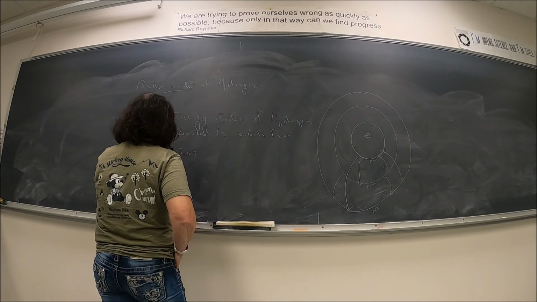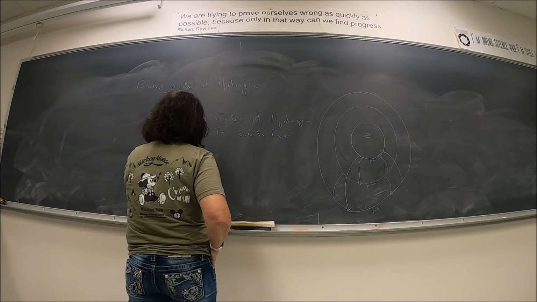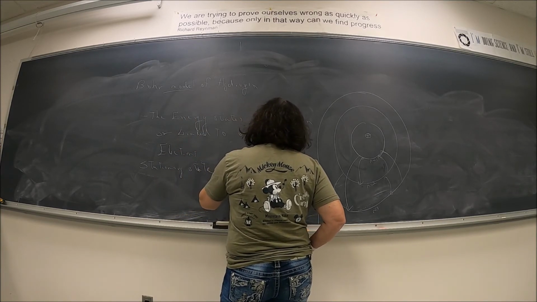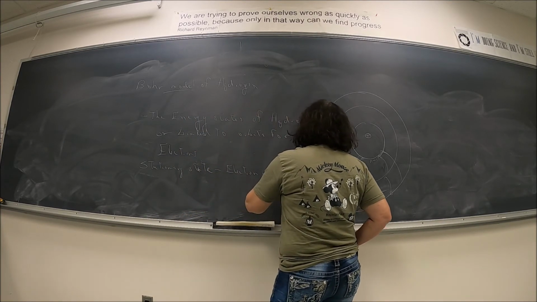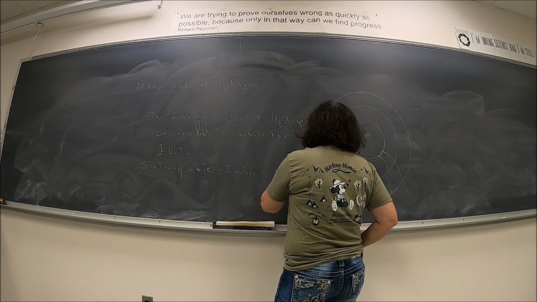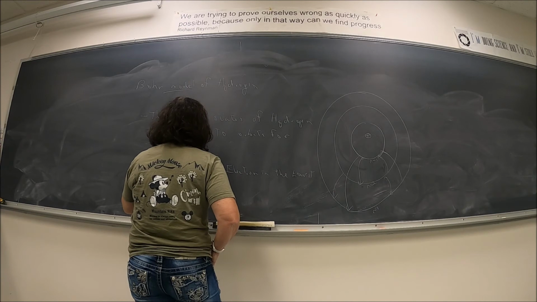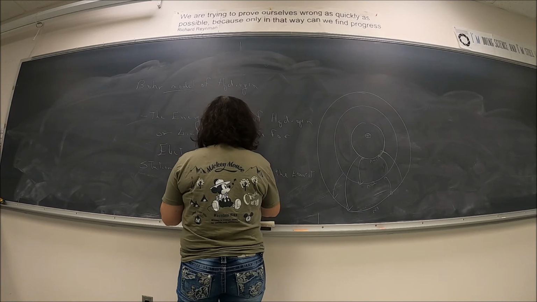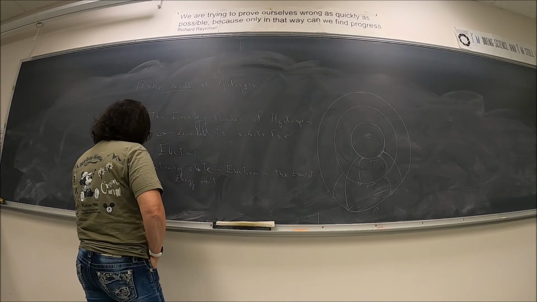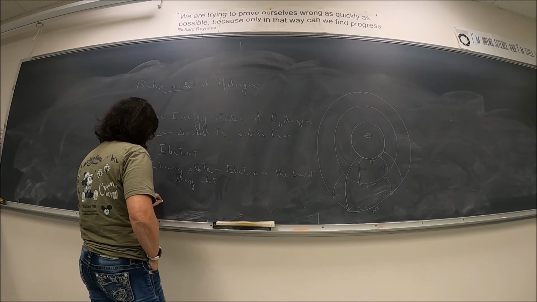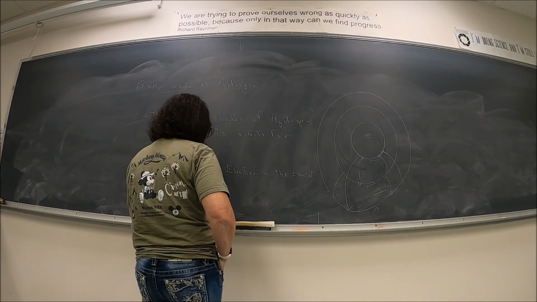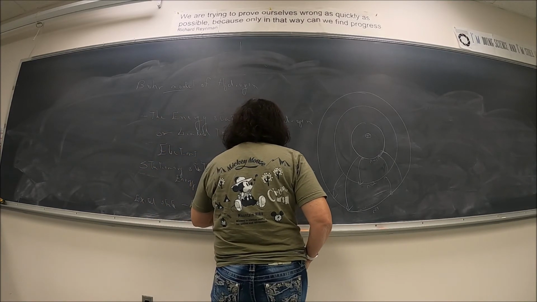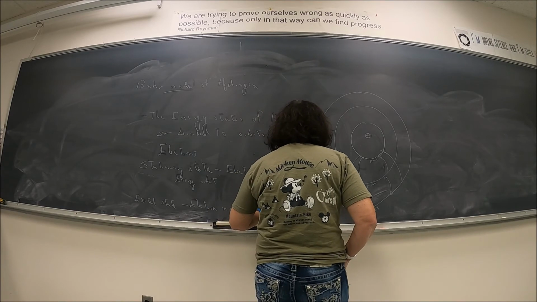So, stationary state: electron in the lowest energy orbit. And excited state: electron in a higher energy orbit.